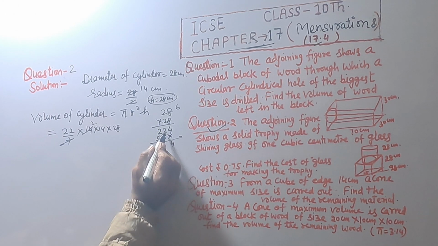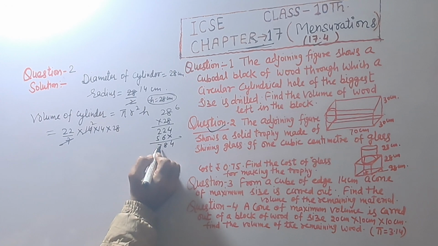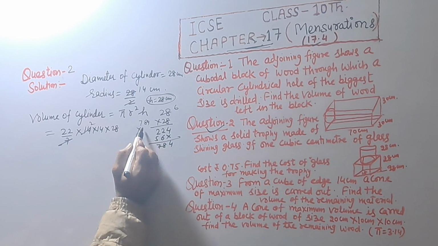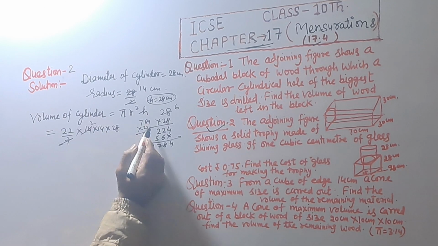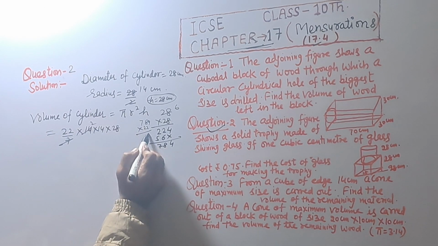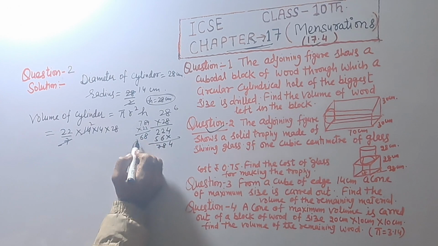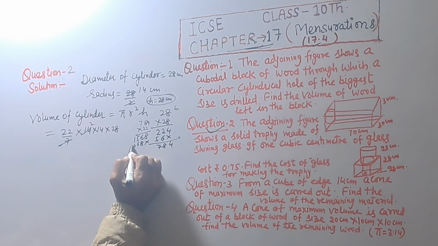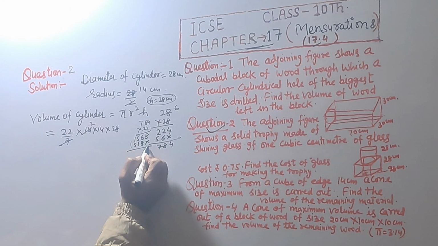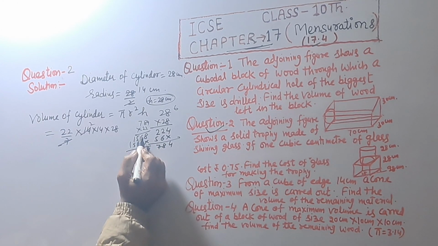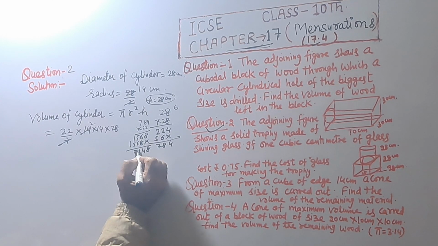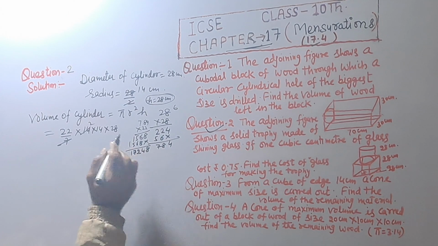That is 784 multiplied by 22: 4 2s are 8, 8 2s are 16, 7 2s are 14 plus 1, 15, and the sum gives 17248.